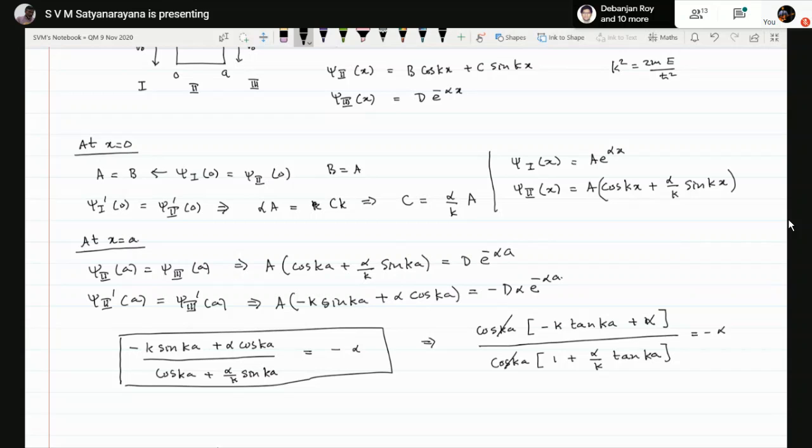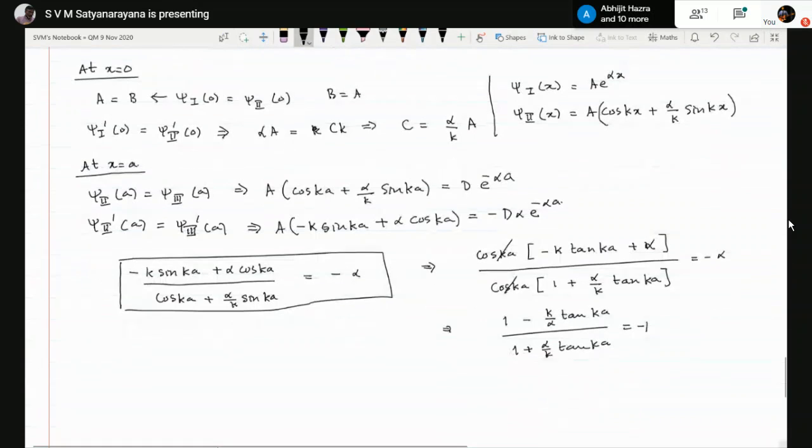So let's write this as k by alpha. If I pull out an alpha from here, I have 1 minus k by alpha tan ka, and that alpha will cancel with this alpha, by 1 plus alpha by k tan ka, is equal to minus 1.